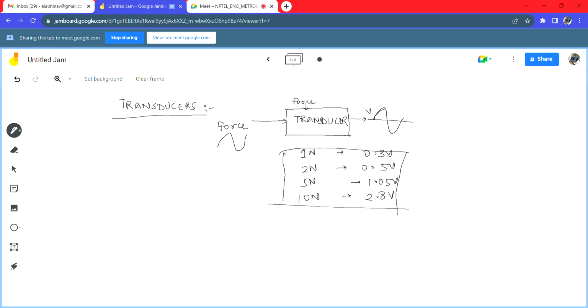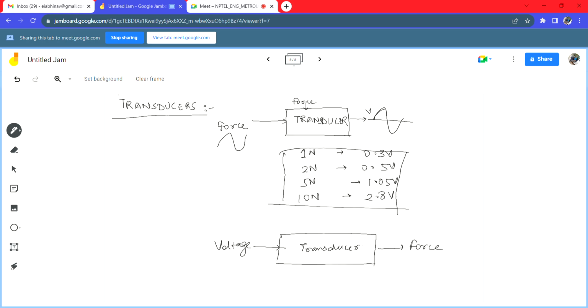On the other hand, if I apply a voltage, it should give me the exact same force as an output.